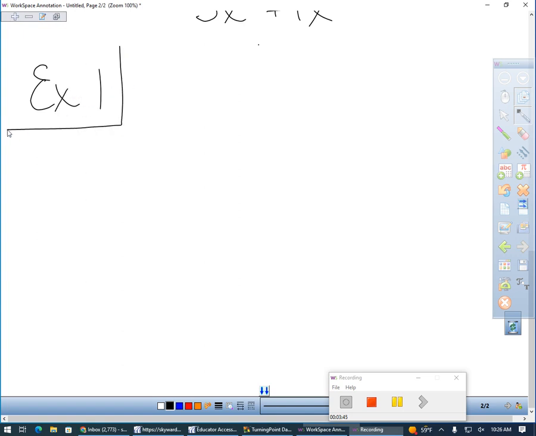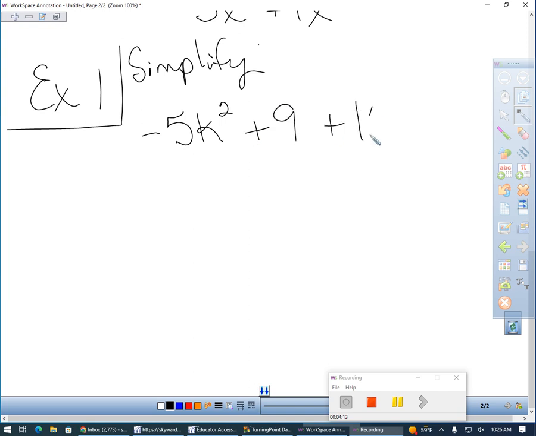Example number 1. So the first 6 problems or so on today's worksheet are all super easy. You're combining like terms. Your directions just say to simplify. All right, so let's say I have negative 5k squared plus 9 plus 10k squared.